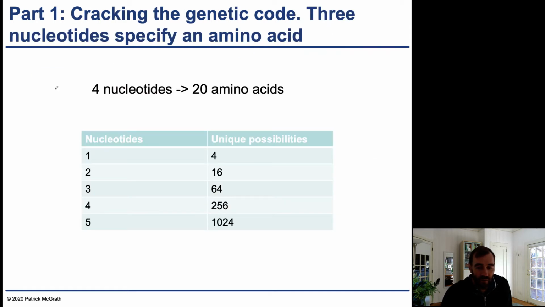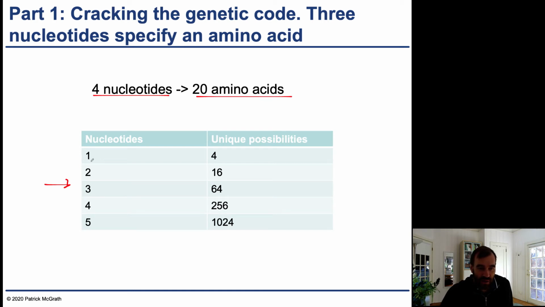And so the reason that they settled on 3 was just some theoretical considerations. And so they knew that there were 4 nucleotides. They knew that there were 20 amino acids. And so they asked, what's the minimum number of nucleotides that would be necessary in order to encode 20 unique amino acids.